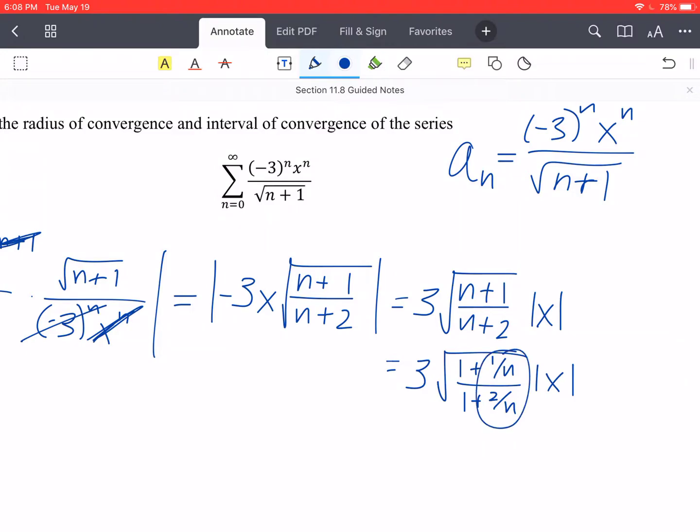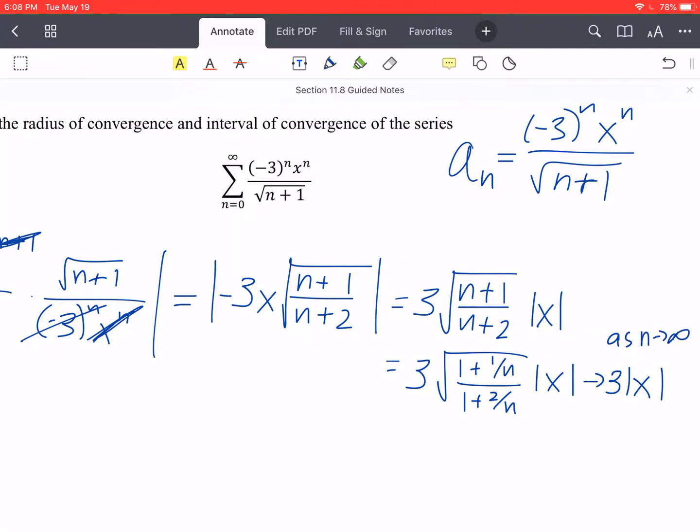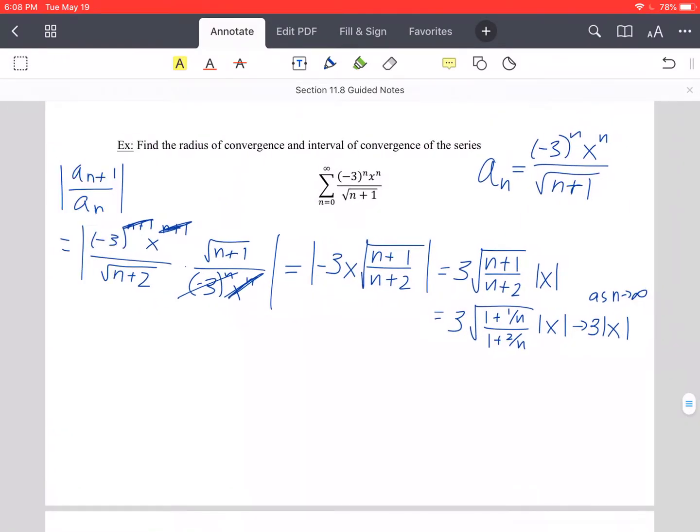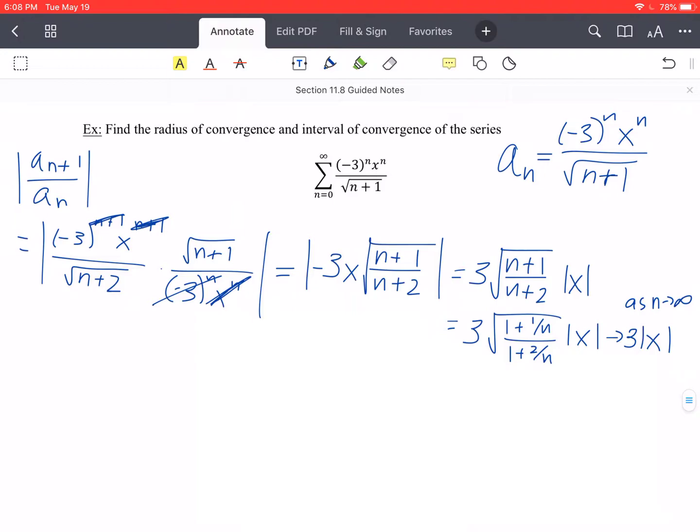Those will turn to zeros, so this just turns into a 1. So this approaches 3 times the absolute value of x as n approaches infinity. Okay. So that's our function in question here.